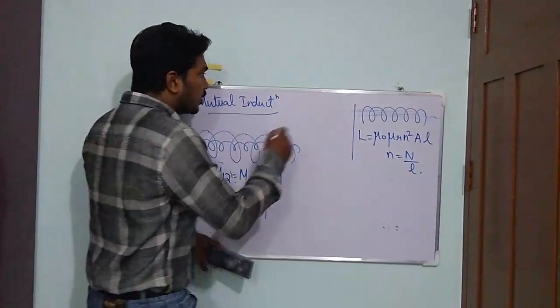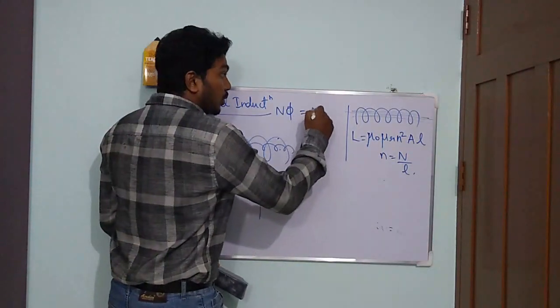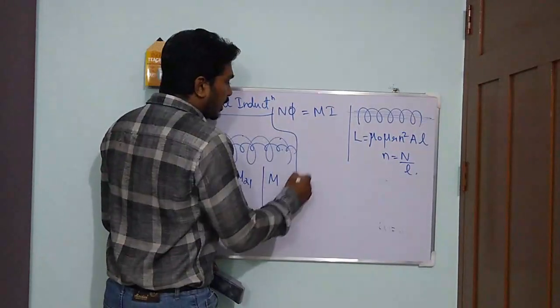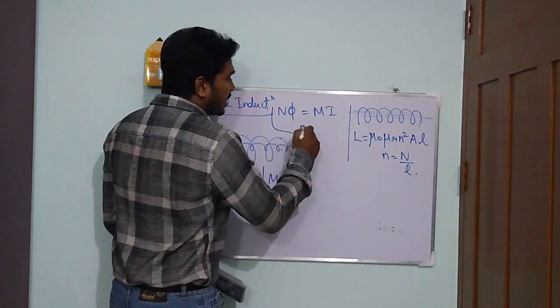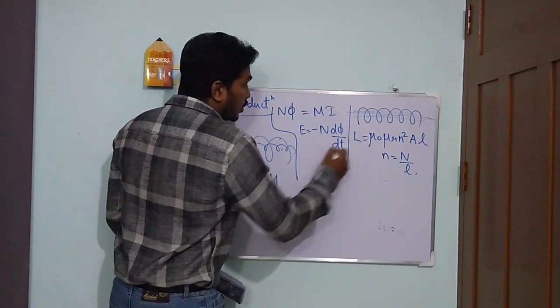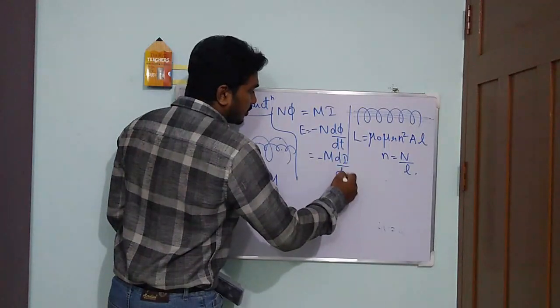Similar to how we wrote previously, you can write N phi is equal to M I, or you can also write E is equal to minus N d phi by dt, which is equal to minus M di by dt. Fine.